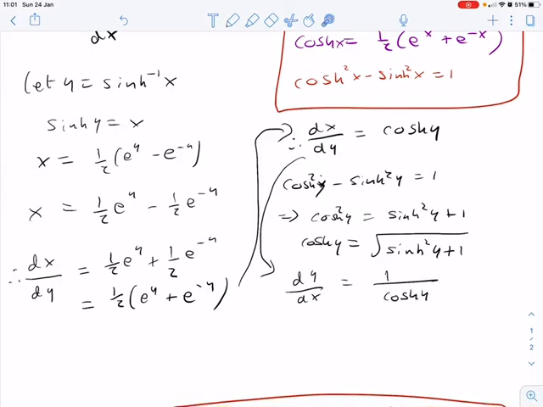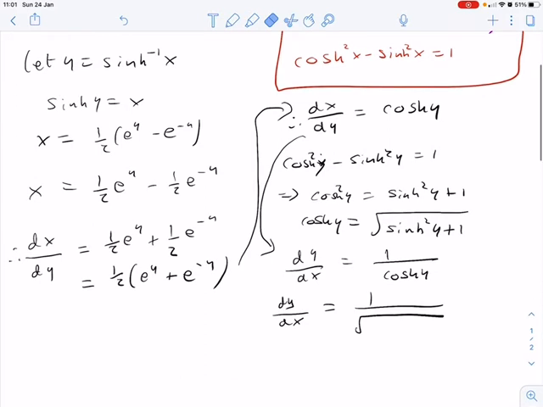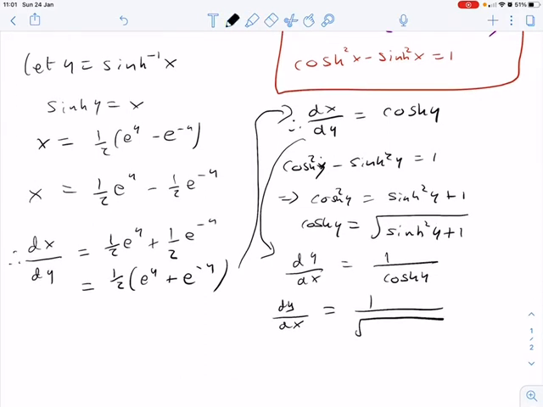And look, cosh y is equal to this identity here. So we're just going to plug that in, and we're going to get back dy/dx is equal to 1 over the square root of sinh squared y plus 1.